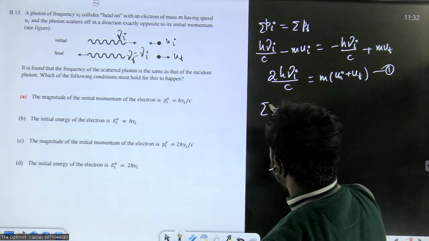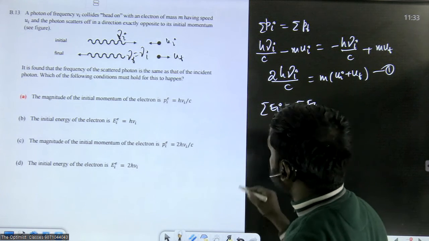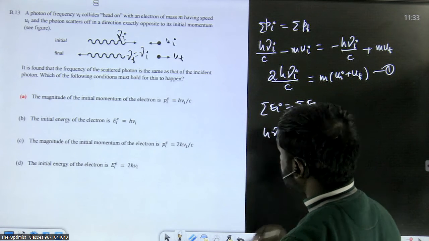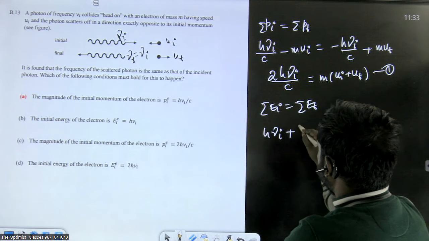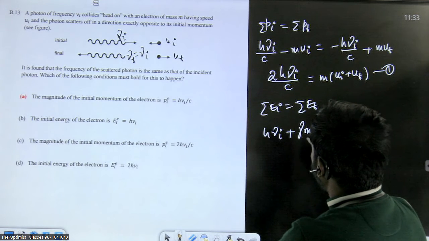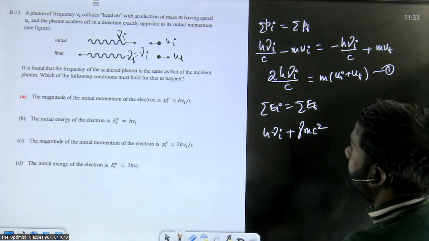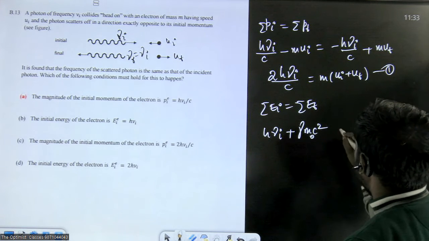Now let's use conservation of energy. Sum of energy initial is equal to sum of energy final. The energy of the photon is h nu I, and the energy of the electron will be gamma m naught c square, where m naught is the mass of the electron.